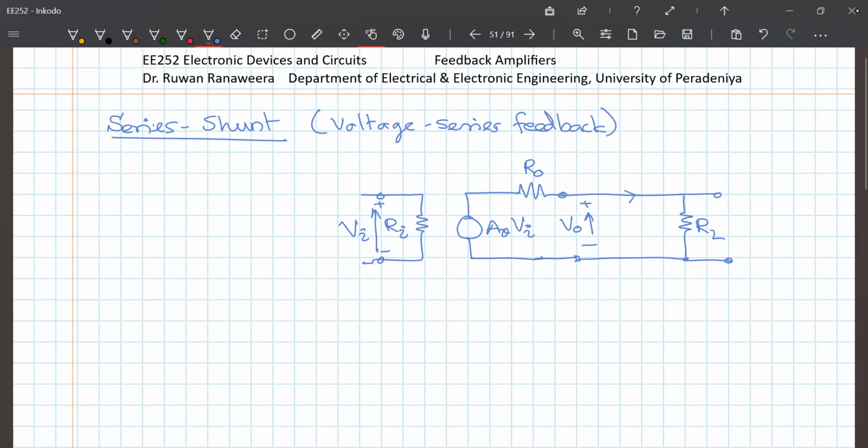The current here is I out. That will be determined by the load. Current will vary depending on the load, and I am going to use the input as a voltage source Vs, and I'm going to connect it.